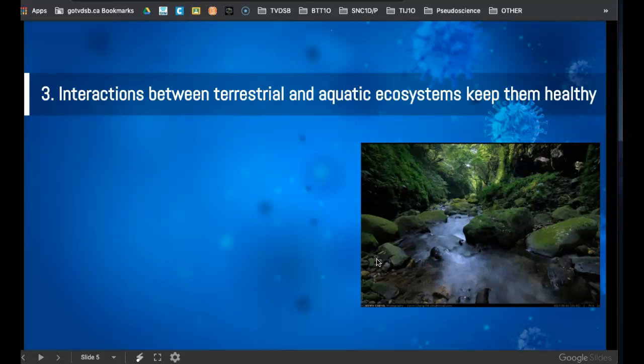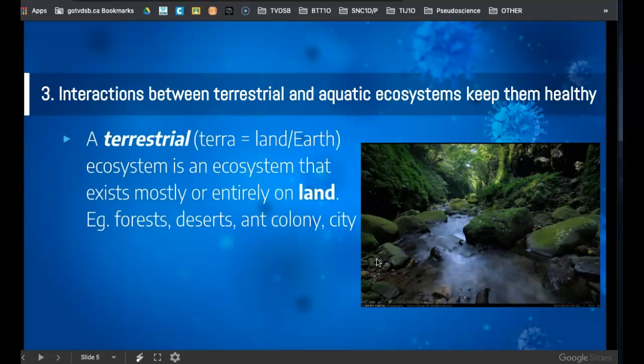All right, so the next thing is looking at what are called terrestrial and aquatic ecosystems. Well, in order to understand how they interact with each other, we need to know what they are. So terrestrial comes from terra, which is land or earth, and that's an ecosystem that is existing mostly or entirely on land.